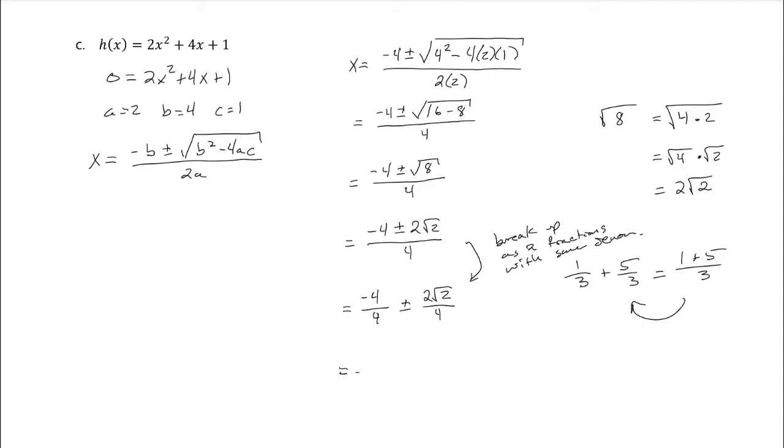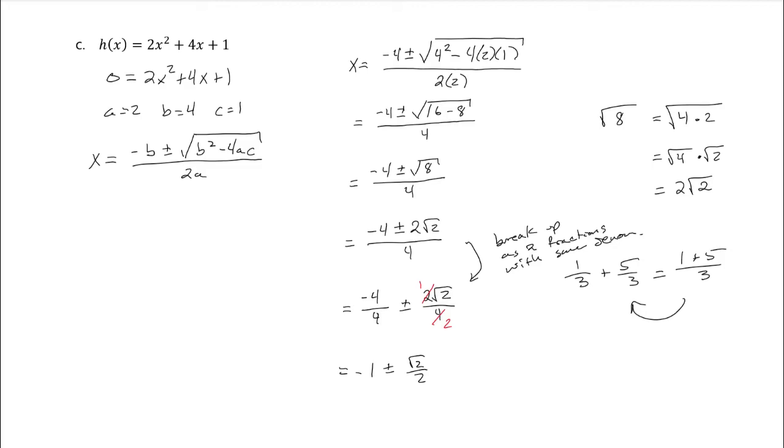So negative 4 over 4 will be a negative 1, and we'll have a plus or minus. The 2 and the 4 in the next fraction, the second fraction is 2 root 2 over 4, that reduces to a 1 root 2 over 2. So I'll just have square root of 2 over 2 here. So we get negative 1 plus or minus the square root of 2 over 2.